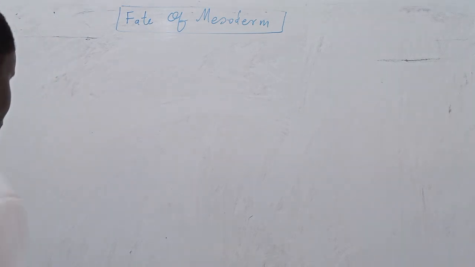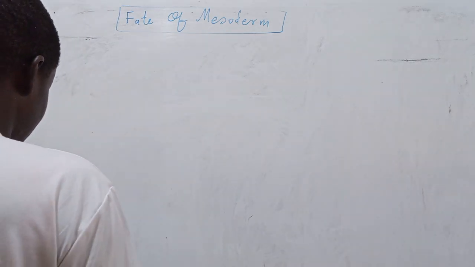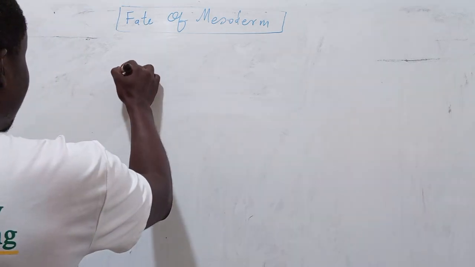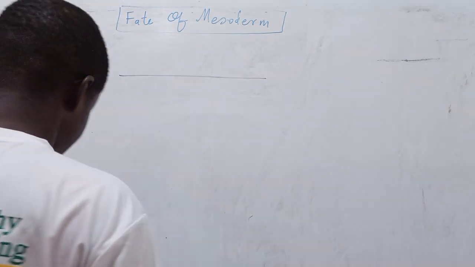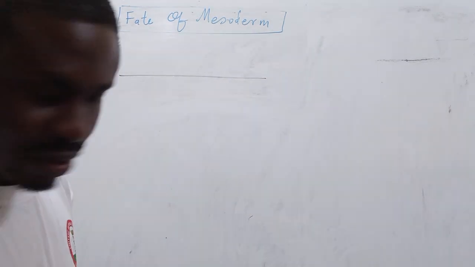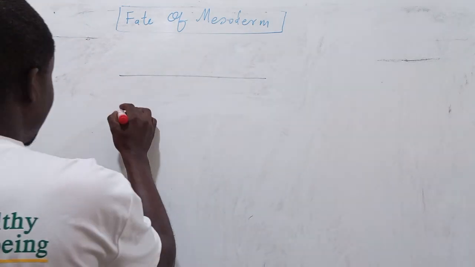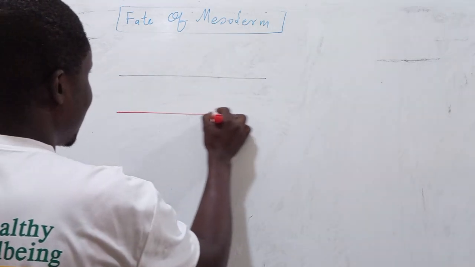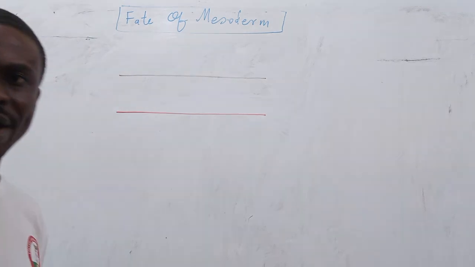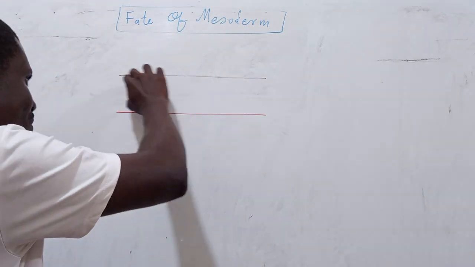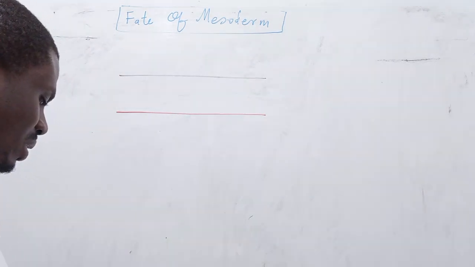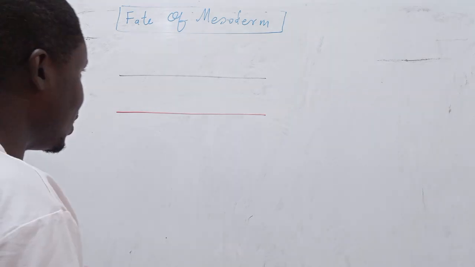So let's, from that concept, and then let's say this is the endoderm. Then we are aware that the intermediate region will be the mesoderm.